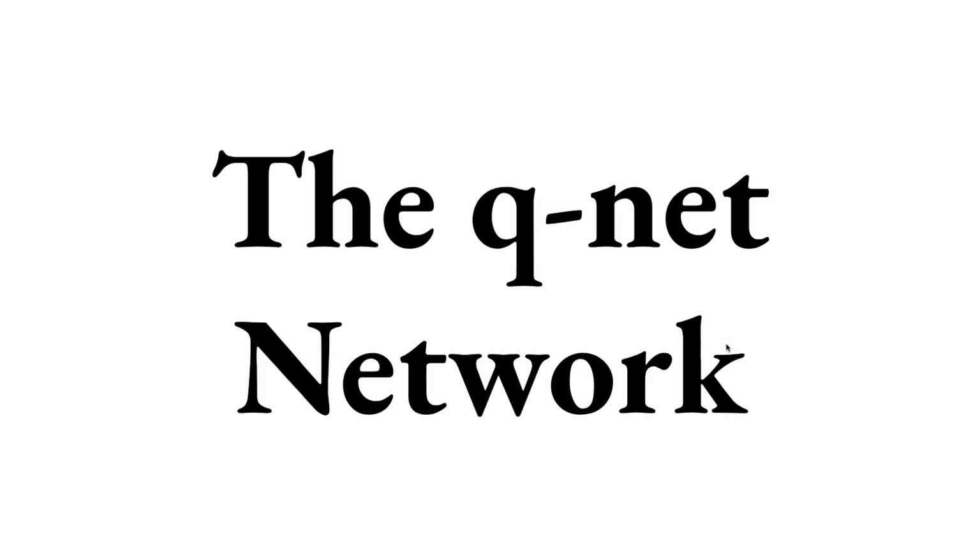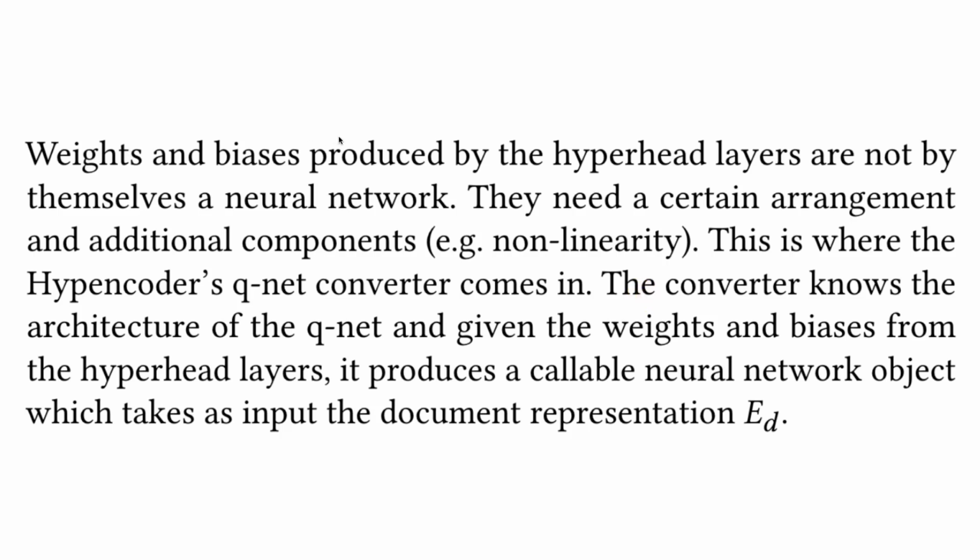Okay, so we have our weights and biases that are based on the query token embeddings. Now we can construct our QNet network. Weights and biases produced by the hyperhead layers are not by themselves a neural network. They need a certain arrangement and additional components, for example, a non-linearity. And this is where the Hypencoder's QNet converter comes in.